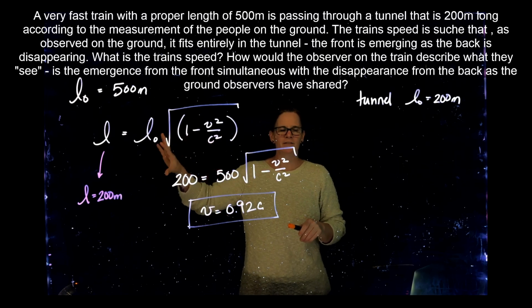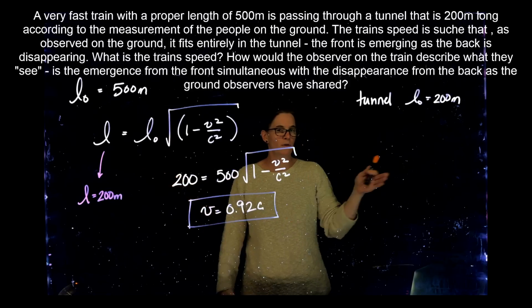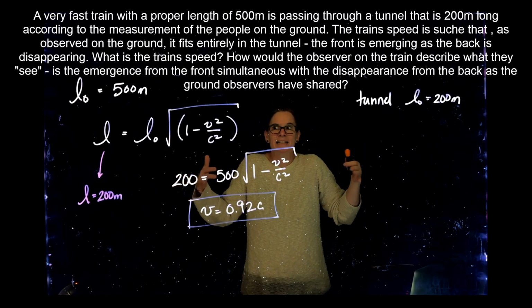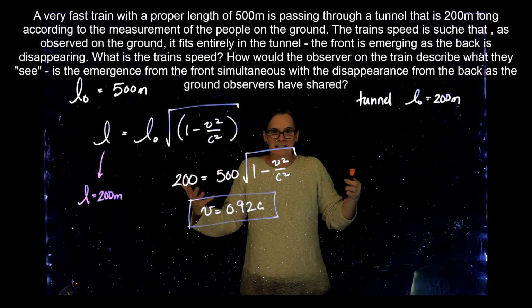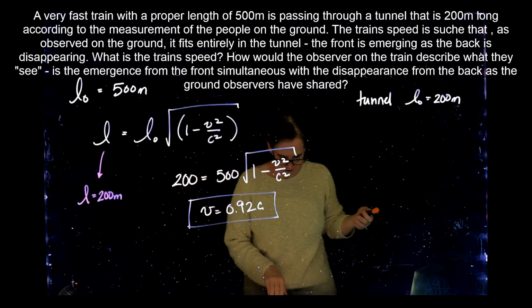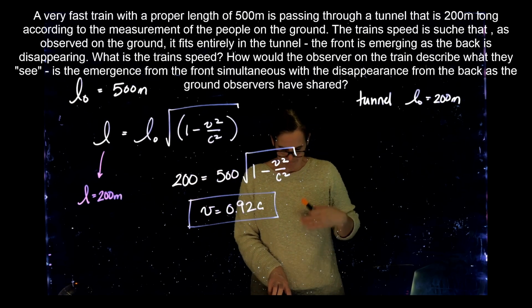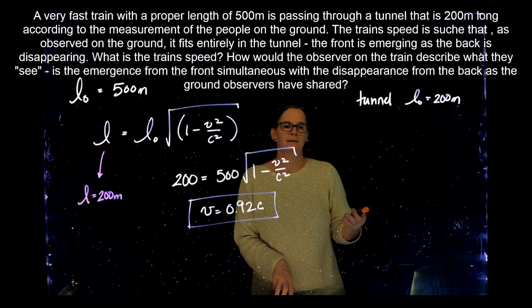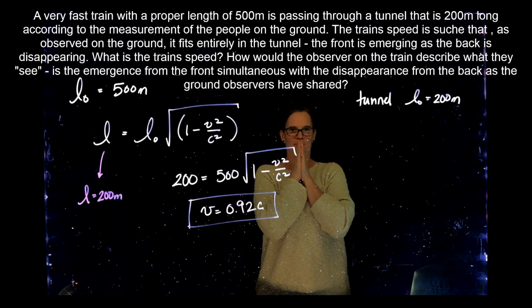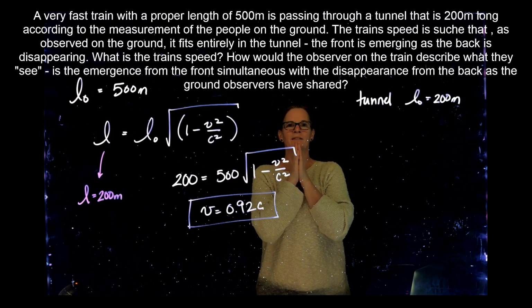The front end of the train will emerge before the back end of the train comes in. The tunnel is not going to fit the train. And in fact, the tunnel is moving, even moving faster from the perspective of the person on the train.